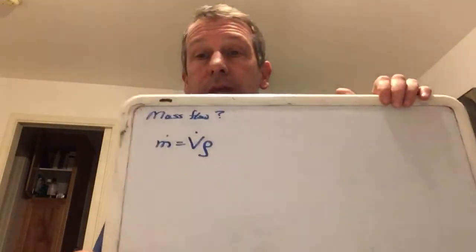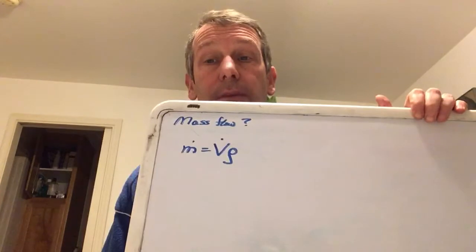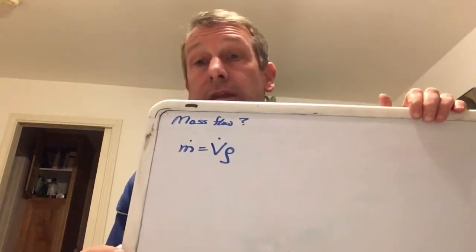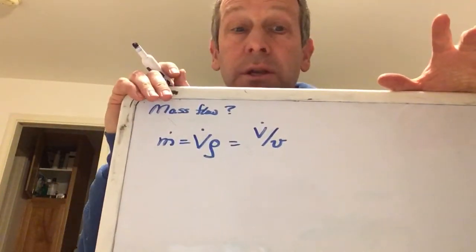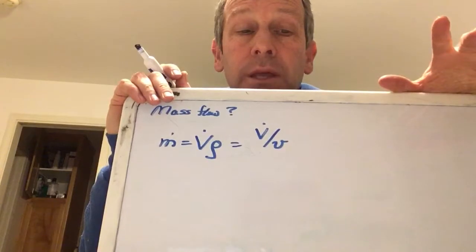So one equation we have is our mass flow rate is our volumetric flow rate multiplied by the density. Of course, density and specific volume are reciprocals, so another way we could do it is we could do the volumetric flow rate divided by the specific volume. So those are two really basic equations that you should have in your repertoire if you're doing problems with flow.